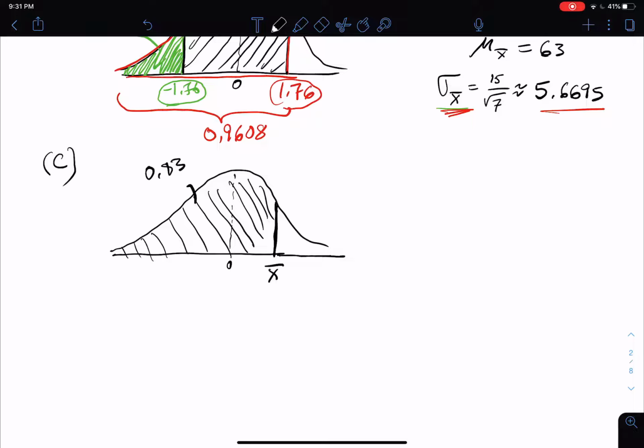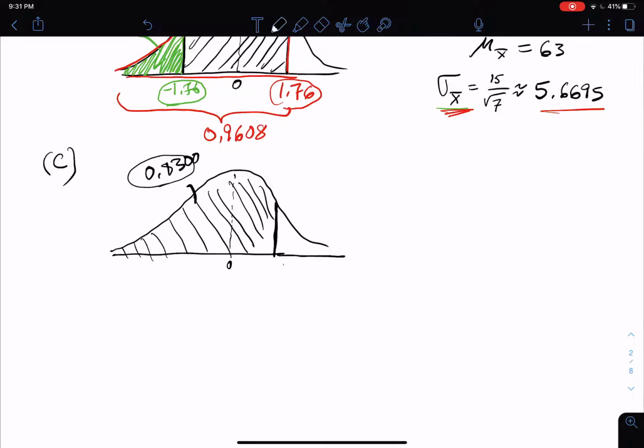Okay, so if I go to my z-table, I look in the body of the z-table, or use a calculator, and the values go out 4 decimal places. You try to find the closest to 0.83, and if 0.83 is between two values, then I like to go in between to give it a little more value. But when we look this up, it's not going to be an x bar, right?